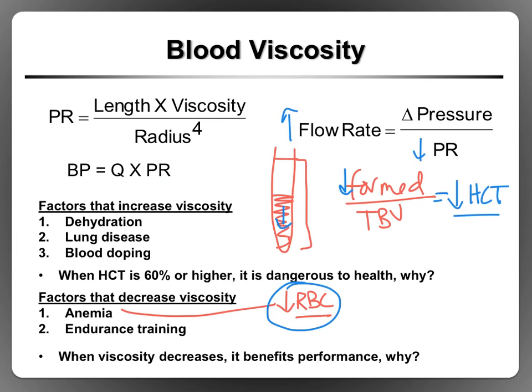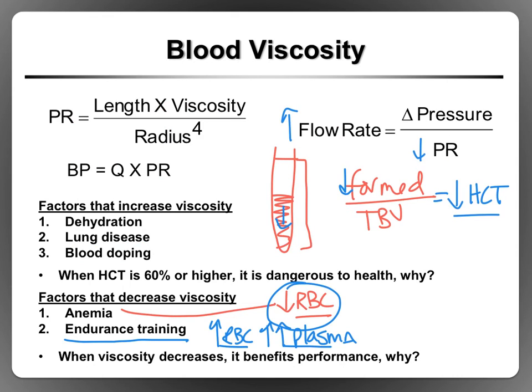The other thing that we see in terms of decreasing viscosity, and this is a good thing, is that we see that people who are endurance trained have an increase in red blood cells, but an even greater increase in plasma. Okay, so we do see a small increase in red blood cells with training, but we see a large increase in plasma with training.